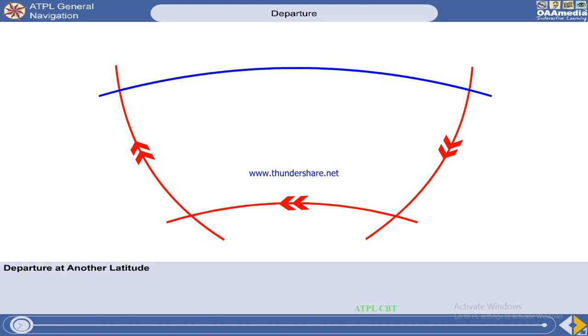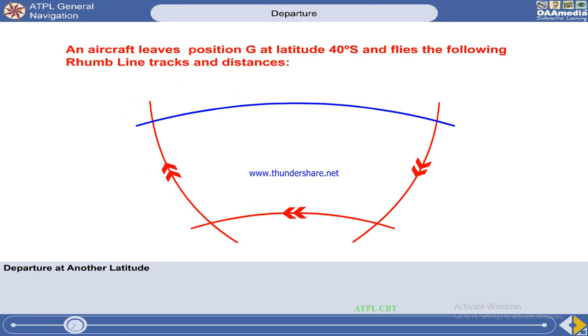You need to be able to solve questions where you are given departure at one latitude. An aircraft leaves position G at latitude 40 south and flies the following route.